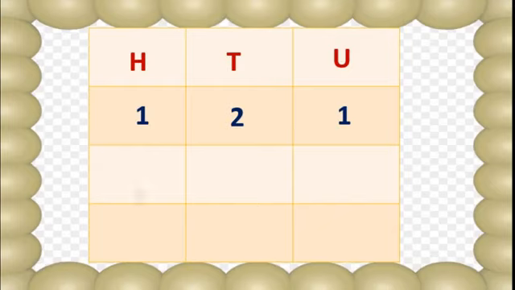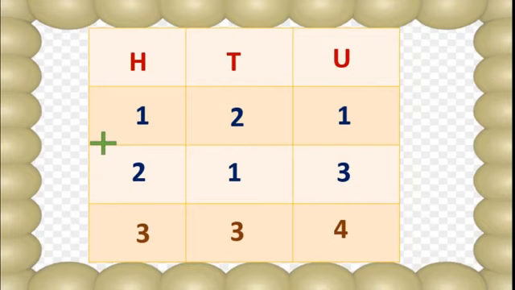Got this? Okay. Here again 2 hundreds, 1 ten, 3 units. Now we will add this. Now here 1 plus 3 is 4, 2 plus 1 is 3 and 1 plus 2 is 3. Now in the next column and further we will write like this. Okay.